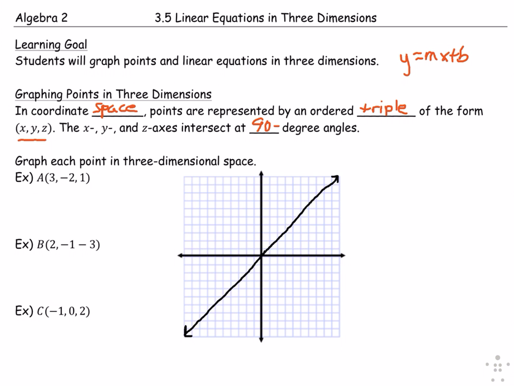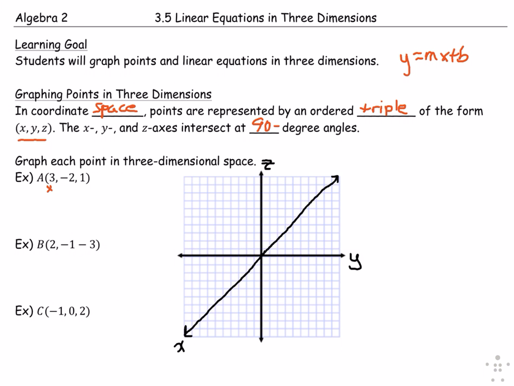So here I'm going to put the x as the one that comes out of the page and through the page. And then the y is going to be the horizontal one, and then the z axis is going to be vertical. So jumping into the first problem, I have some color coding here to help us track the point because it's 3-dimensional space.